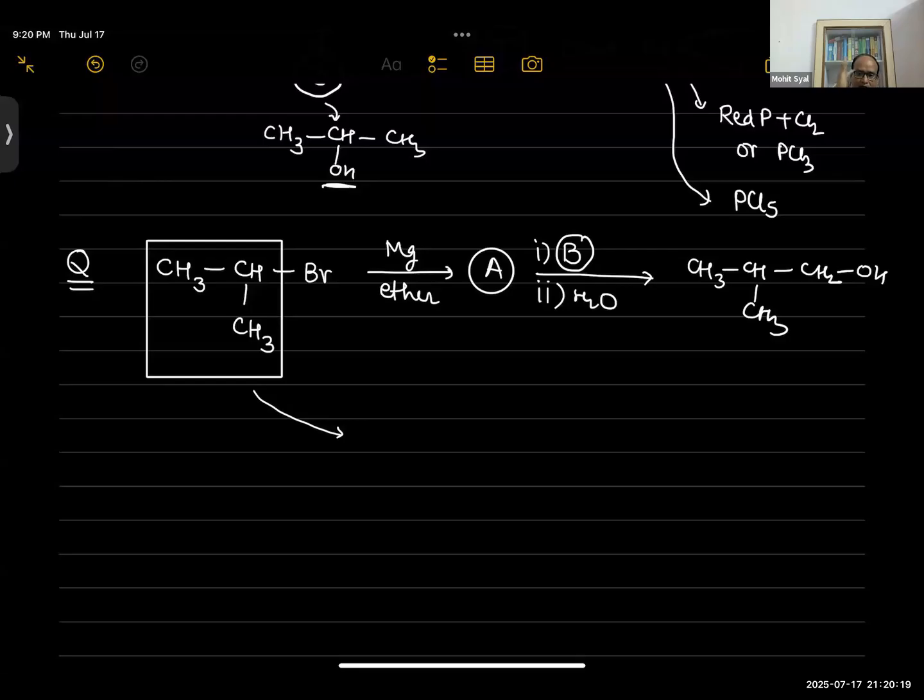As you are reacting this with Br, so Grignard will be of this compound. Okay. Is it clear or not? This is the structure of A.